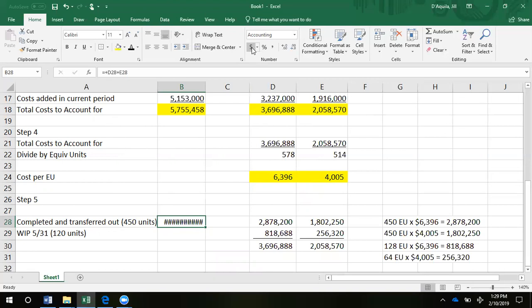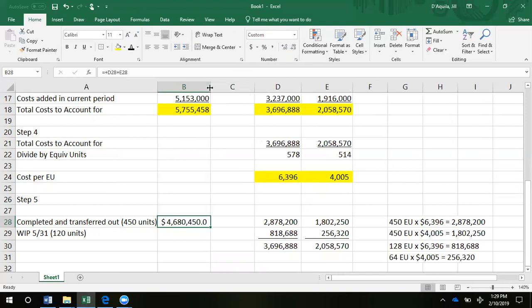And let me indicate clearly that we're dealing with dollars. I'll do the same thing for work in process. So I added up these two numbers.